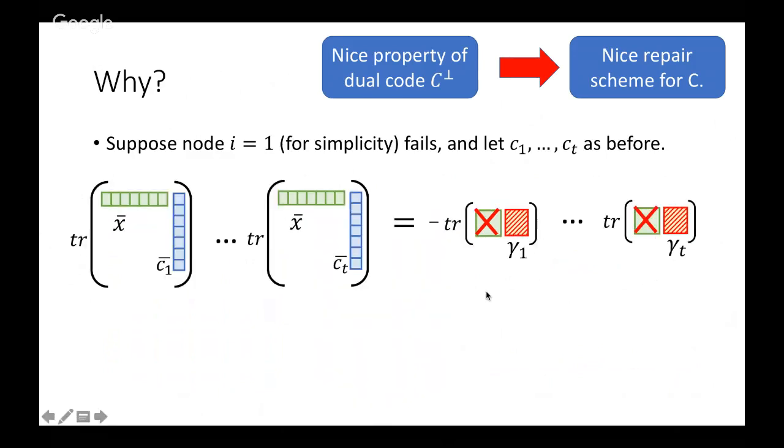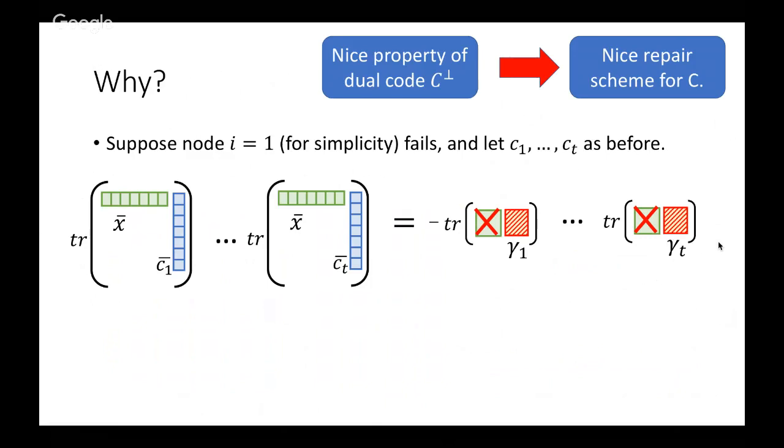And now what I get is T elements of the small field. Here I have the trace of the inner product of x with the first dual code word, ignoring the first symbol, and then the trace of the inner product of x with the Tth code word, and on the right, I just have the trace of all of these different products. Okay, so all I've done is take the trace and assert that these things are still equal.